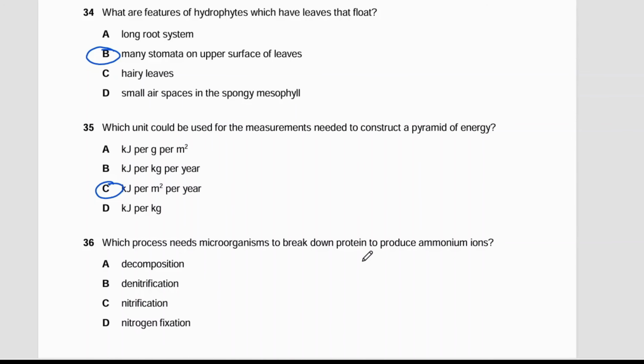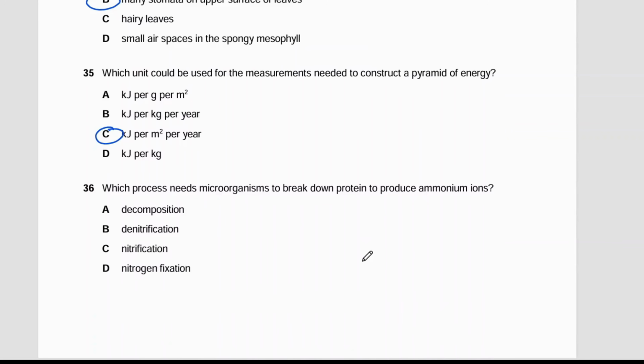Okay. Which process needs microorganisms to break down protein to produce ammonium ions? Which process? Okay. Decomposition. Yes.